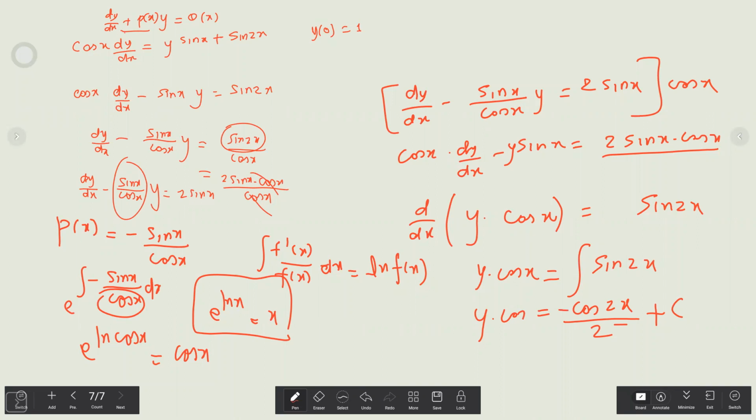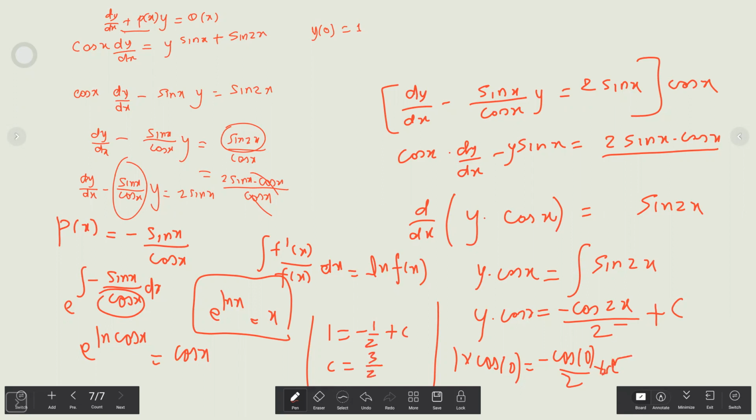And then you plug in x as 0 and y as 1. So 1 into cos 0 equals negative cos 0 upon 2 plus c. So that gives us 1 equals negative half plus c. So c equals 3 by 2.